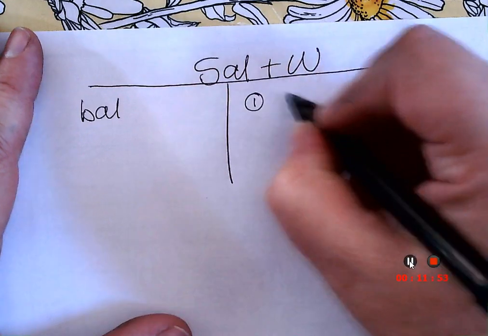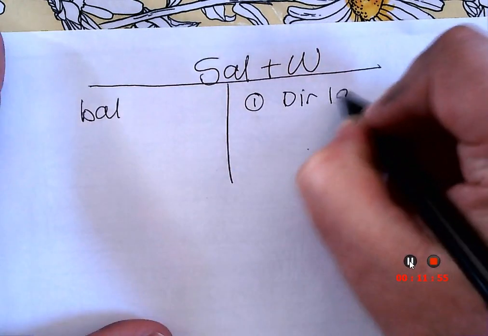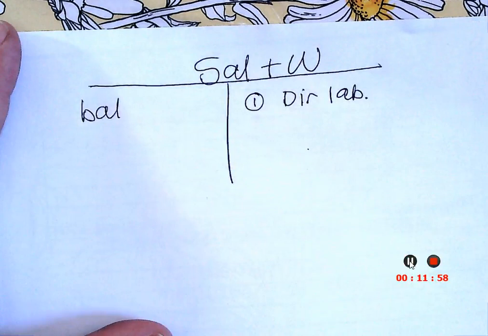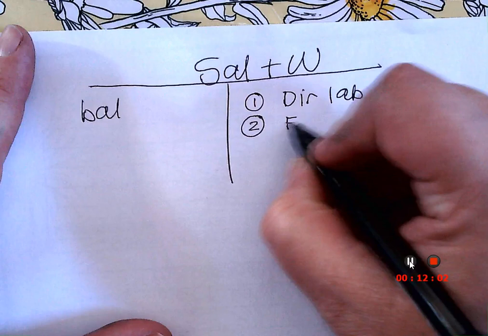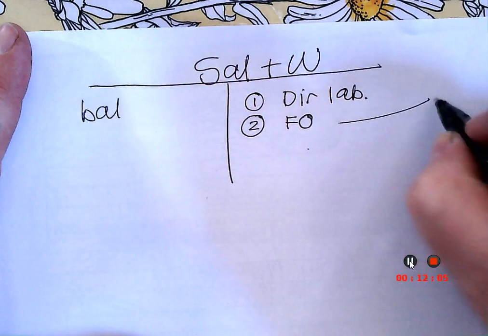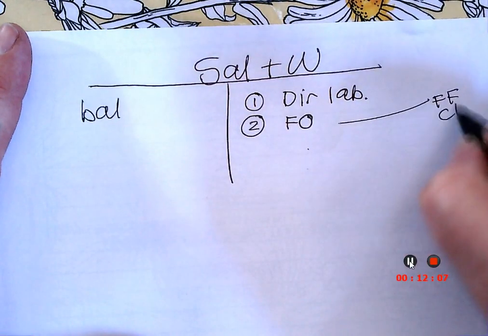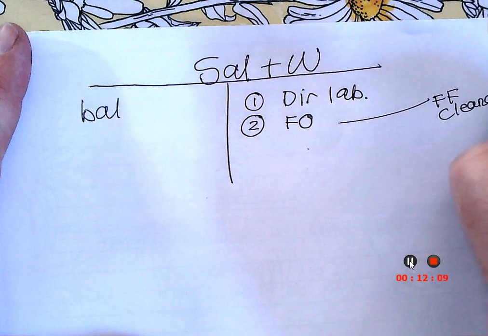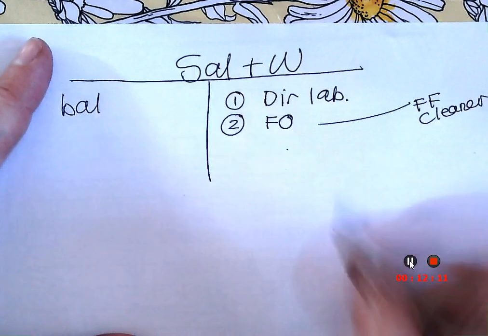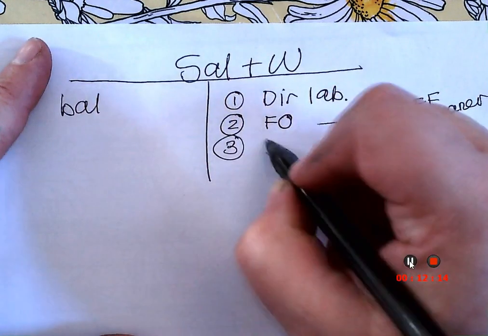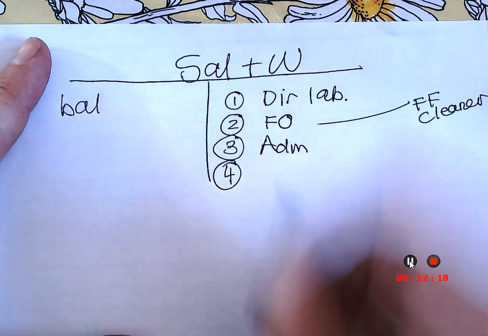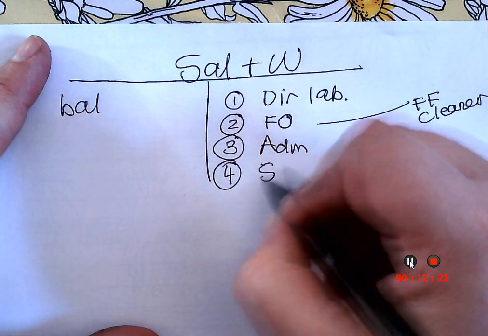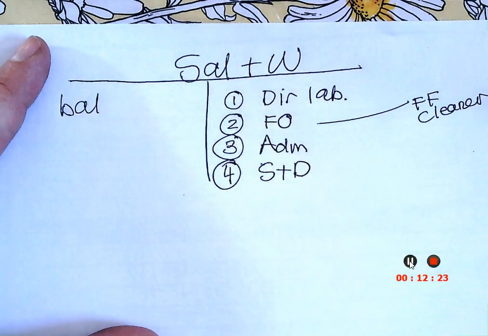So the first section it's going to go to is direct labor, which is the factory workers. The second place it will go to is factory overheads, which would be the foreman and the cleaner, and if there's a mechanic. Right. The third one it will go to is your admin, your secretary and your bookkeeper. The fourth one it will go to is your sales and distribution, your drivers, your marketing agents, all of that.